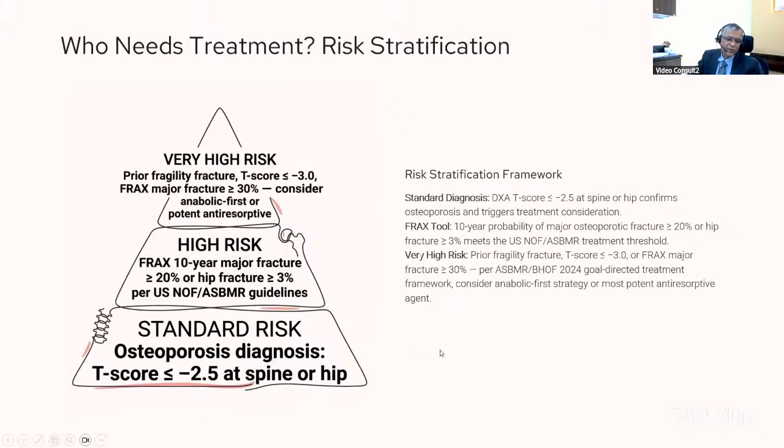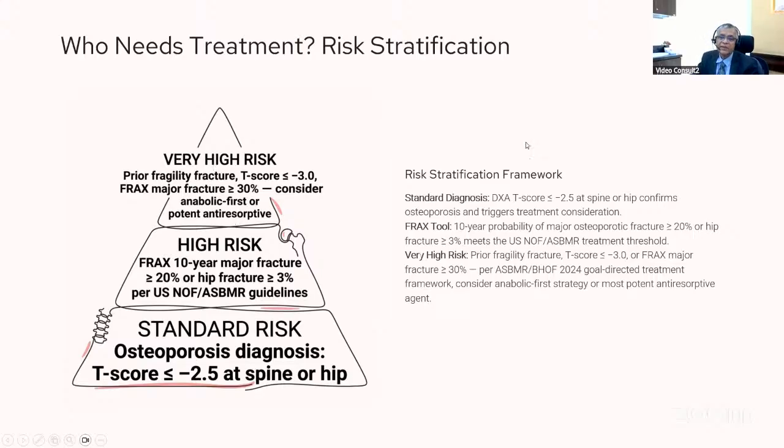When you have an osteoporosis diagnosis of T-score of minus 2.5 at the spine or the hip, or a FRAX 10-year major fracture risk of more than 20, or hip more than 3% as per the ASBMR guidelines, or a very high fracture risk when the T-score is less than minus 3, or a FRAX more than 30, consider an anabolic or a potent antiresorptive. So when the T-score is less than minus 3, use an anabolic agent. Antiresorptives won't help you that much.